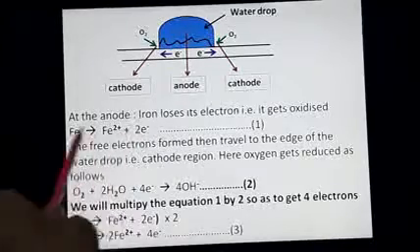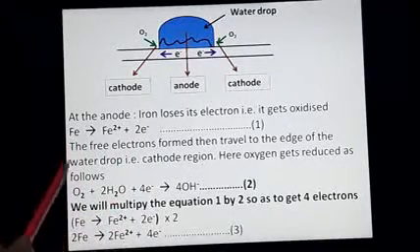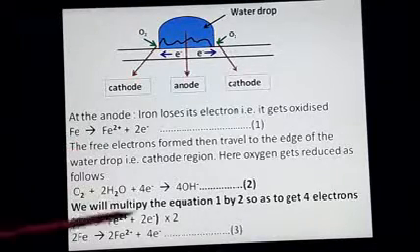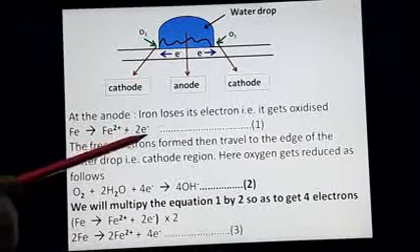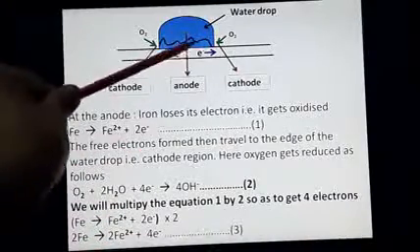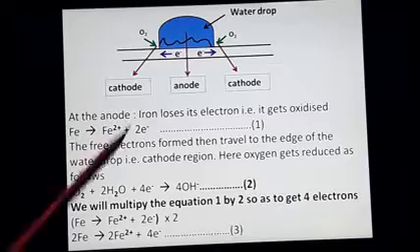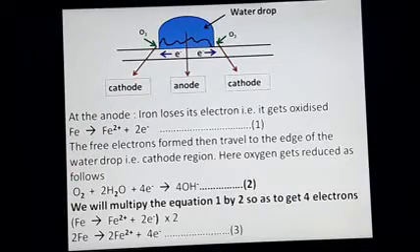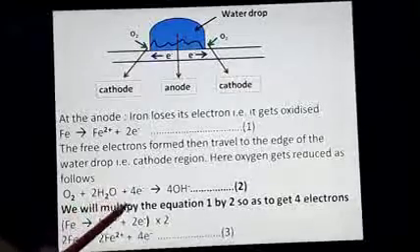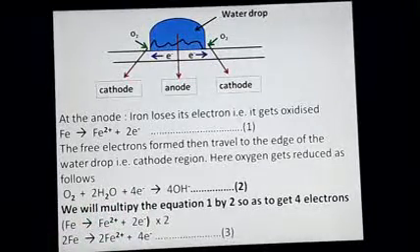So let's multiply this entire equation by 2. You will get 2Fe gives 2Fe2+, and therefore double of 2 electrons, that is 4 electrons. So in the center, every time 2 atoms of iron are getting oxidized, 4 electrons are going to migrate.